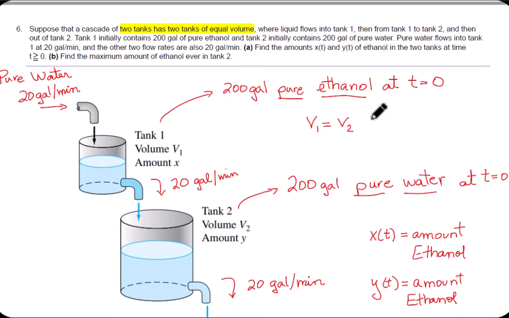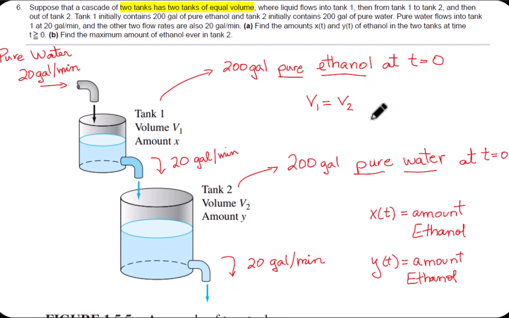are being cascaded together. So let's see what's going on here. I've got pure water coming into tank 1. Tank 1 initially has 200 gallons of pure ethanol. All right, got that.